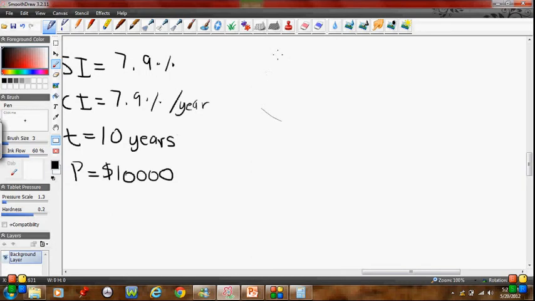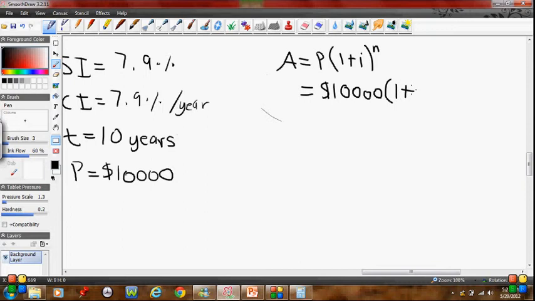For compound interest, we know that the formula here is amount is equal to principal multiplied by 1 plus interest rate to the power of the number of compounding periods. We know that our principal is $10,000. 1 plus, and our interest rate is 7.9% per year.